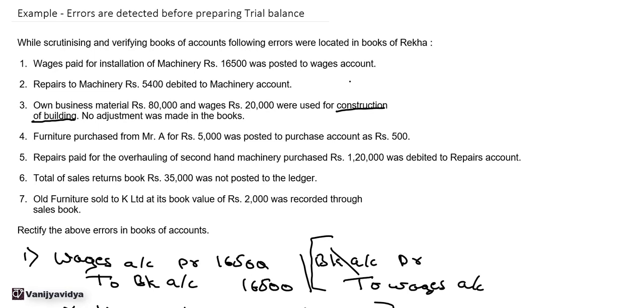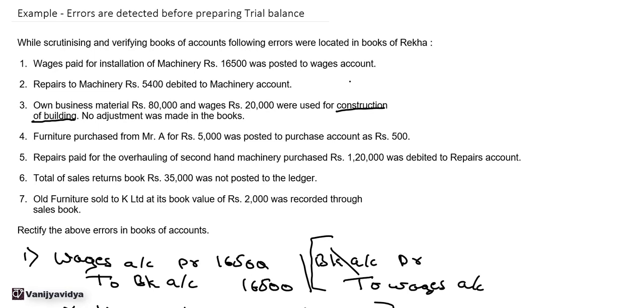Now when we construct a particular asset and we use certain business material or wages, those expenses should not be considered as your regular expenses. These expenses should be added to your cost of that asset. So let's say for this construction of building, we assume that it's a factory building or some building for the purpose of business.